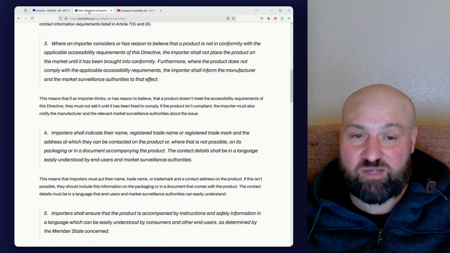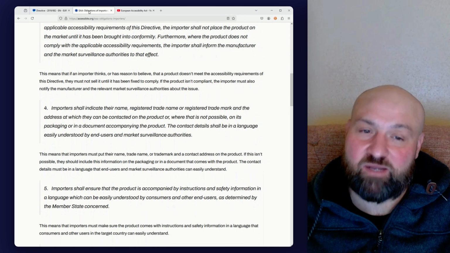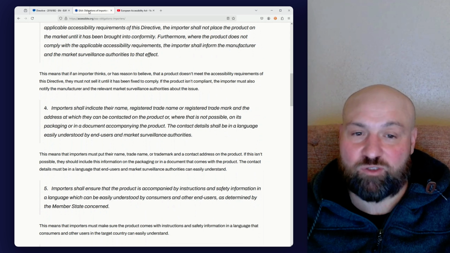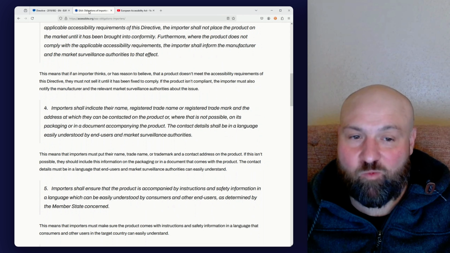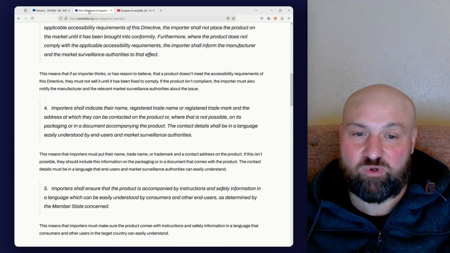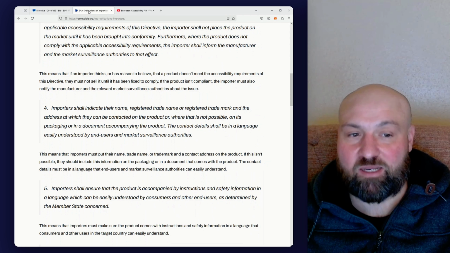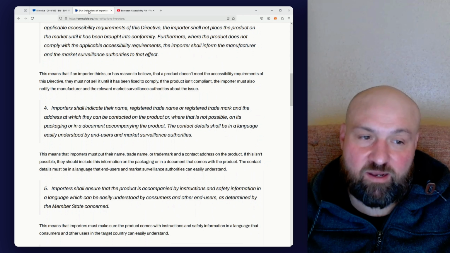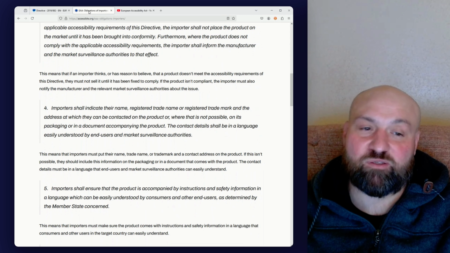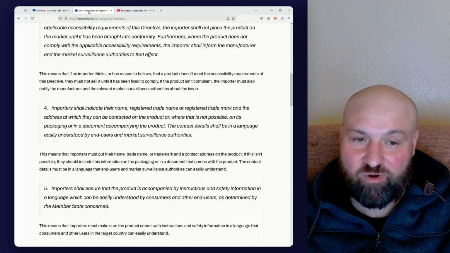All right, so moving on to obligation 4, importers shall indicate their name, registered trade name, or registered trademark and the address at which they can be contacted on the product, or where that is not possible, on its packaging or in a document accompanying the product. The contact details shall be in a language easily understood by end users and market surveillance authorities.